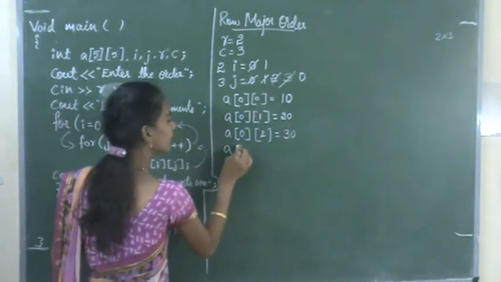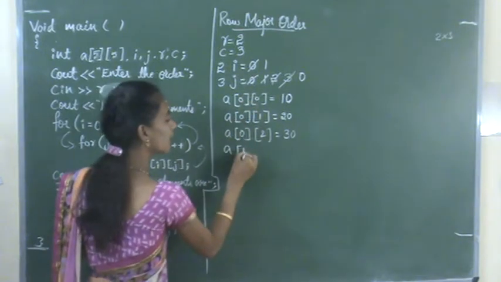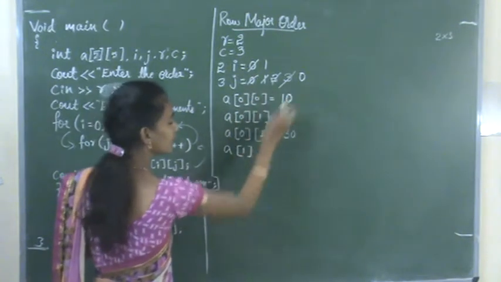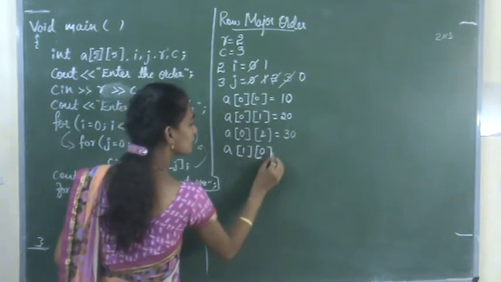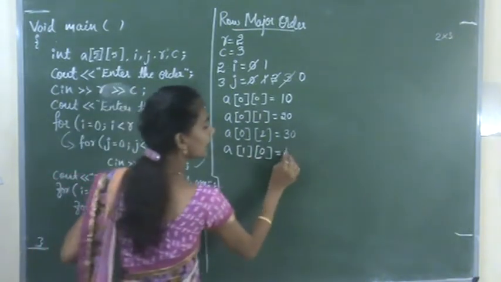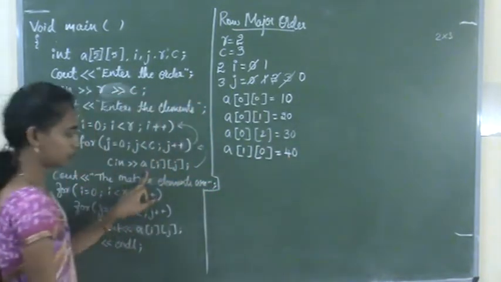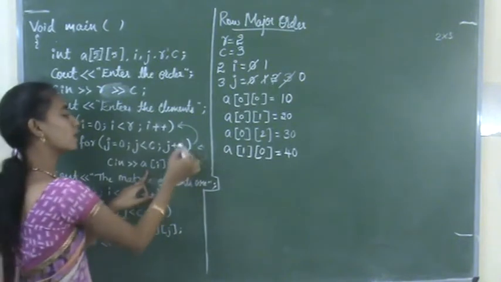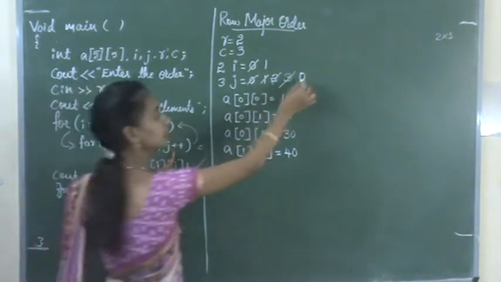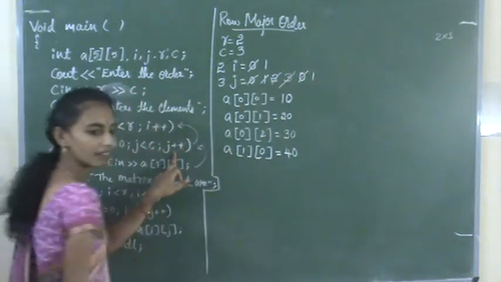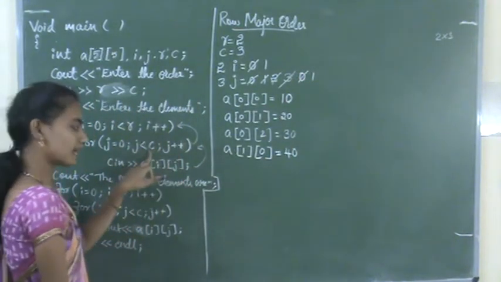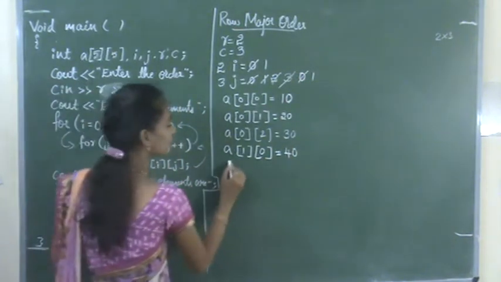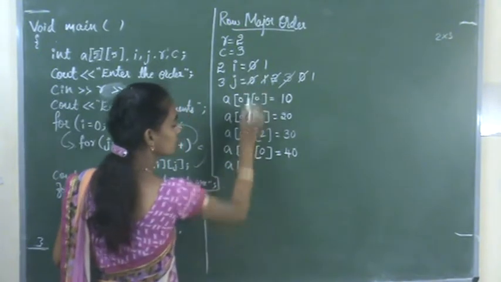Now A of what is I value? I value is 1. What is J value? J value is 0, right. Now I enter some value here. Again it will go back to the for loop. Increment the J value, J value becomes 1. 1 less than 3, true, it will come here.